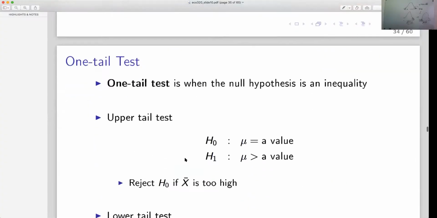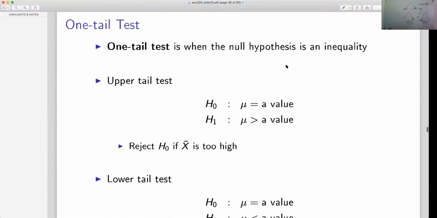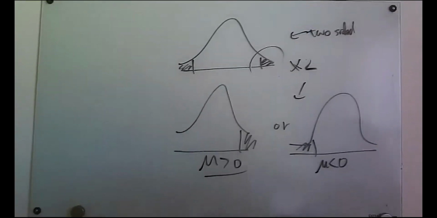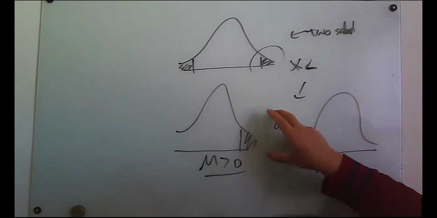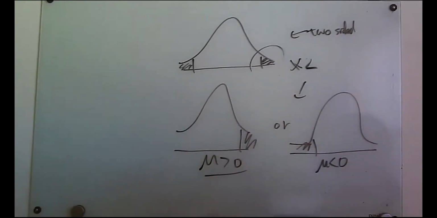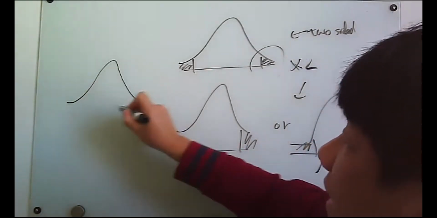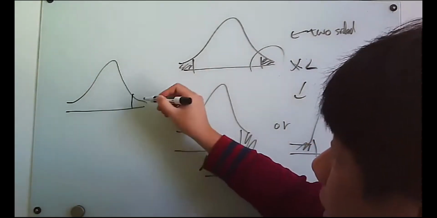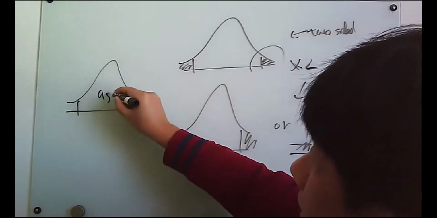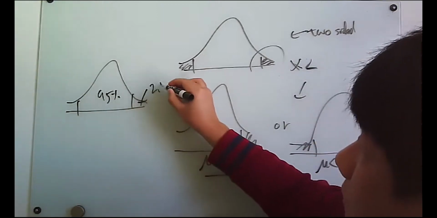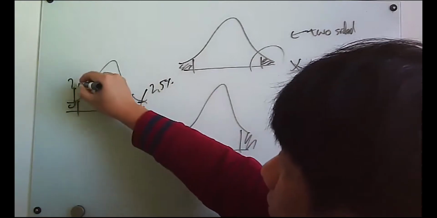Okay. So one-tailed test is when the null hypothesis is on inequality. Basically the idea is exactly same. How we look at the z-score table and everything are exactly same. So let me give you a little more background. I explained in detail in previous chapter, but just want to recap some of the idea. For 95%, if this is 95%, this was 2.5% each.